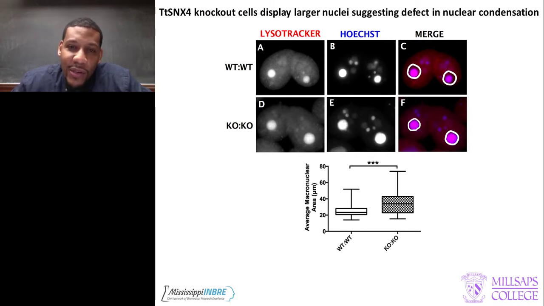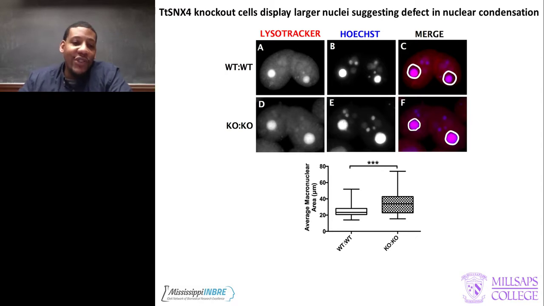But then we looked at the actual size of the nuclei, and what we saw was that the macronuclei in the Tetrahymena knockout cell were significantly larger when compared to the wild type cell. And that's quantified here.